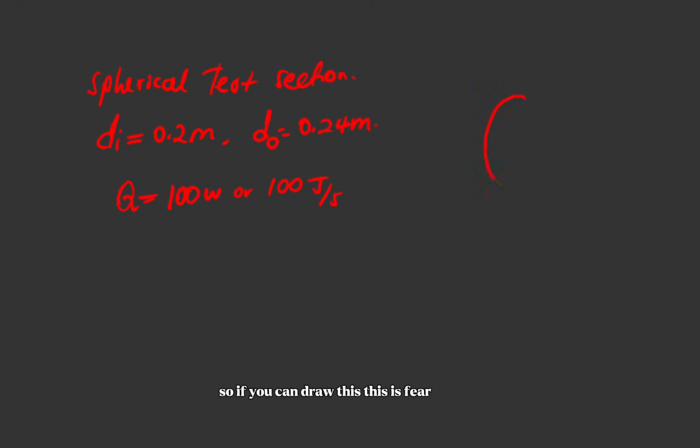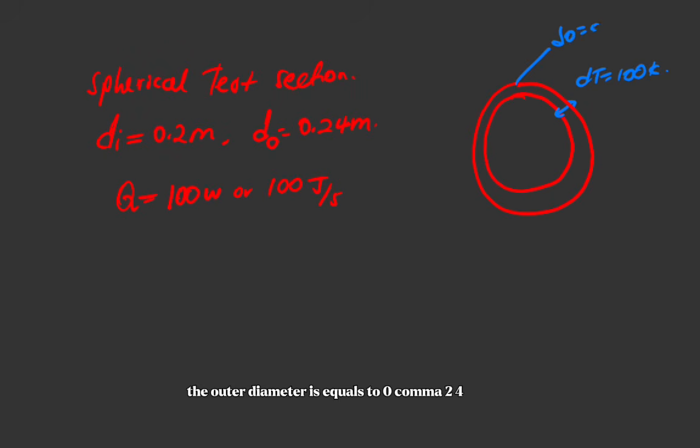So if you draw this, it is a sphere. The temperature difference, dT, is equal to 100 Kelvin between the inner and the outer. The outer diameter is 0.24 and the inner diameter is 0.2 meters.